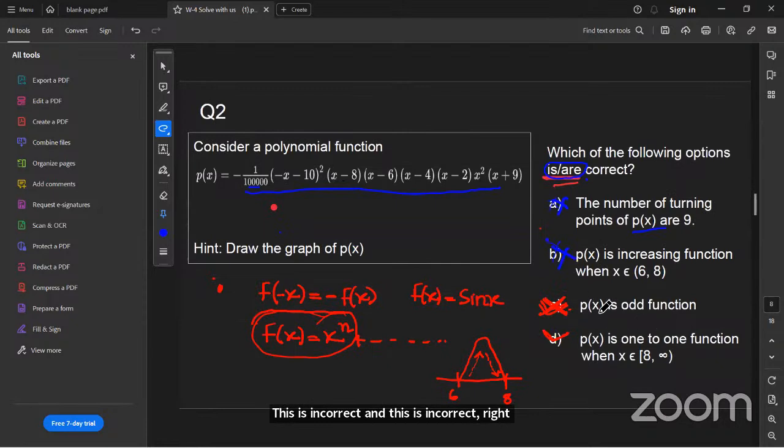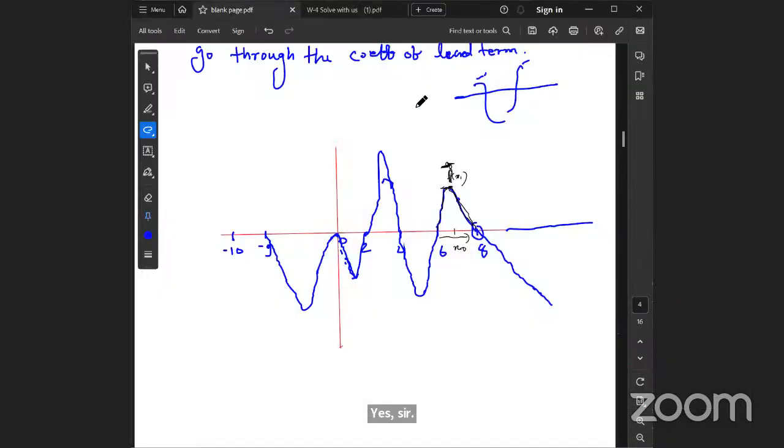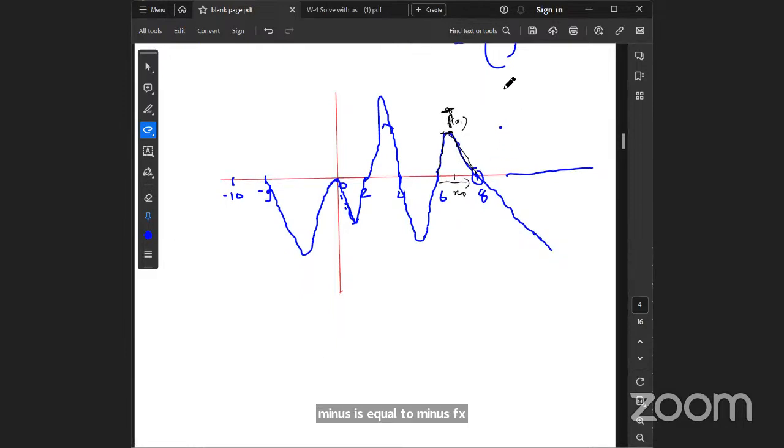Is P(x) an odd function? How will you check a function is odd or not? When you will say a function is odd?